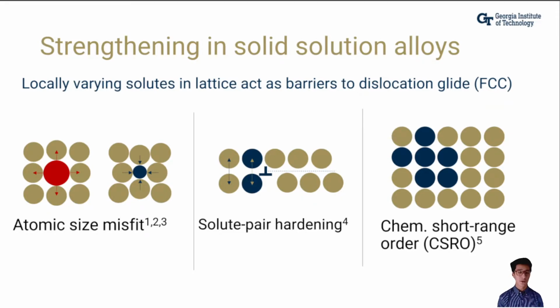Controlling solute dislocation mechanisms can be summarized as follows. The atomic size misfit or misfit volume lead to locally fluctuating compressive or tensile stresses, the same mechanism as in traditional alloys. Then, strong solute pair bonding regions across the glide plane add additional chemical barriers to dislocation glide.